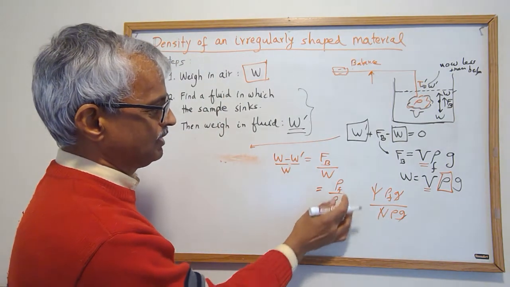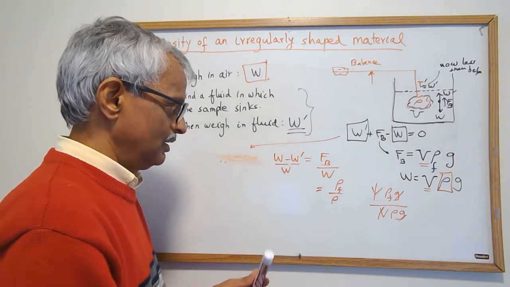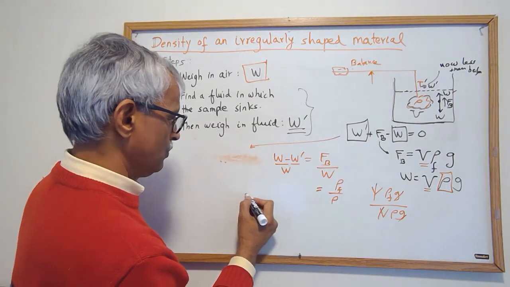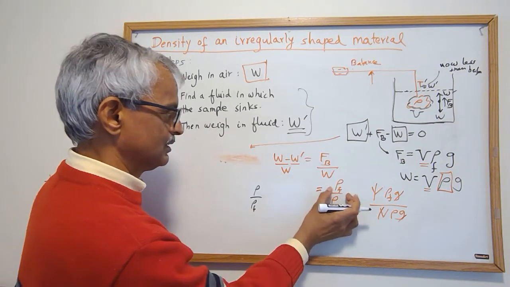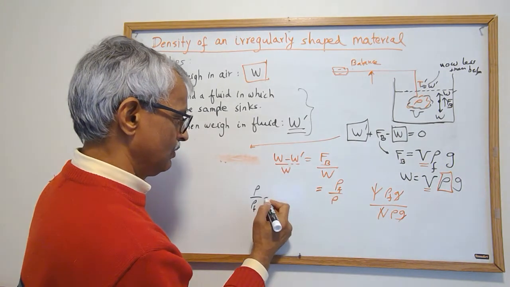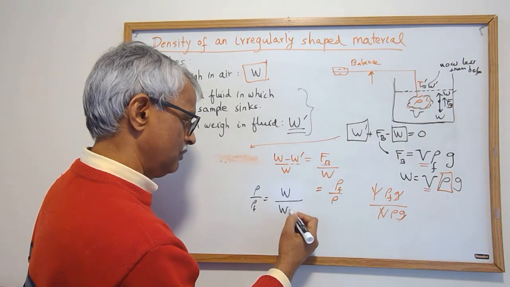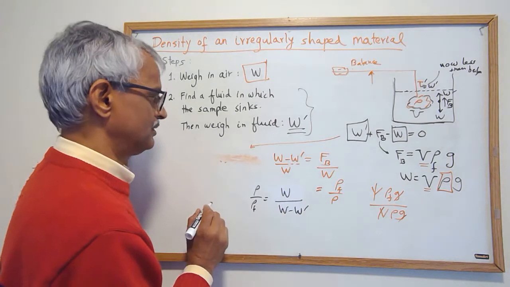Now we have this ratio in terms of everything that I have measured, right? So I can write the inverse of this. So rho over rho_F equals that guy, inverted: W over W minus W prime. And I can send this to the other side.